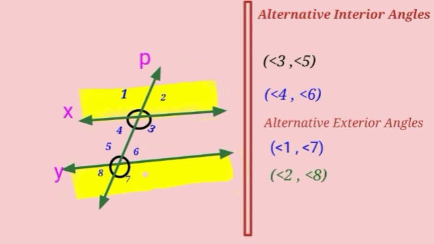But as this pair lies in the exterior part of the lines x and y, the pair of angles 1 and 7 is called alternate exterior angles. Can you name another pair having the same feature? The pair of angles angle 2 and angle 8 also represents a pair of alternate exterior angles.